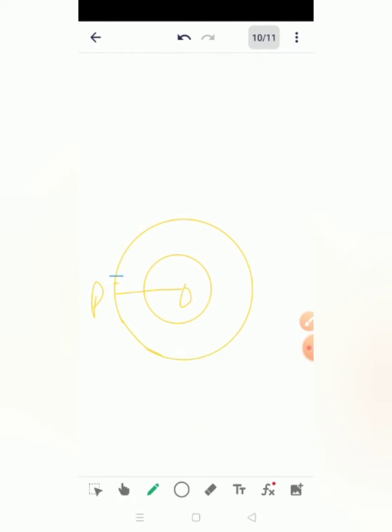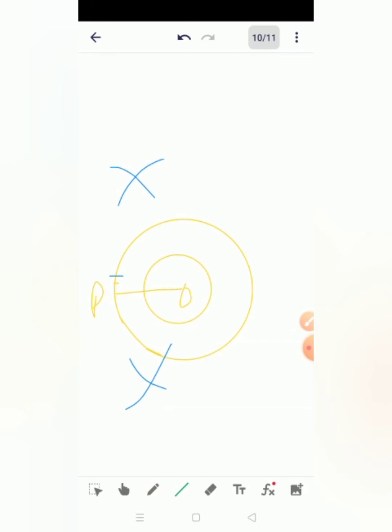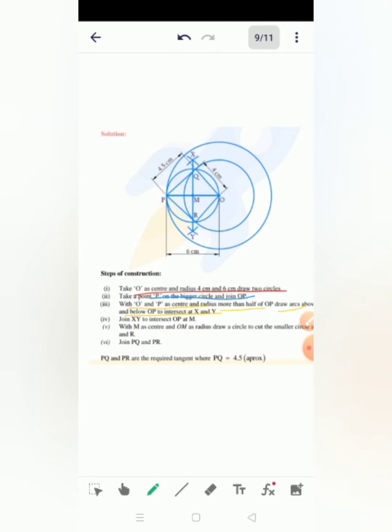I will make an arc here like this, and below also like this. After that, you join these arcs by a straight line. Here it is not the same, but you need to divide OP in the same ratio as it is here.